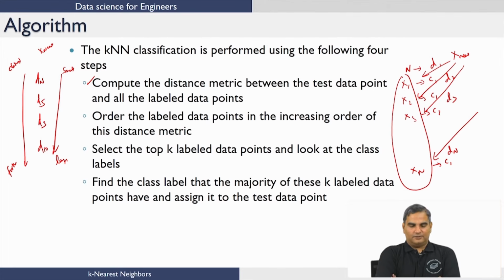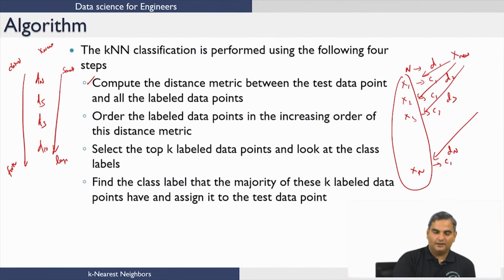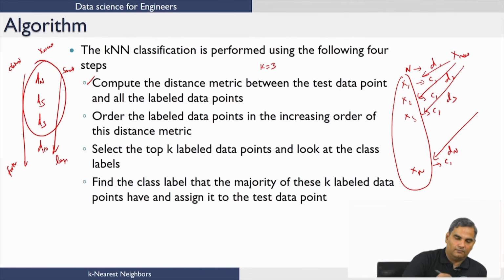Now, the next step is very simple. Let us say you are looking at k nearest neighbors with k equal to 3. Then you are going to find the first 3 distances in this list, and this distance is from xn, this distance is from x5, and this distance is from x3.